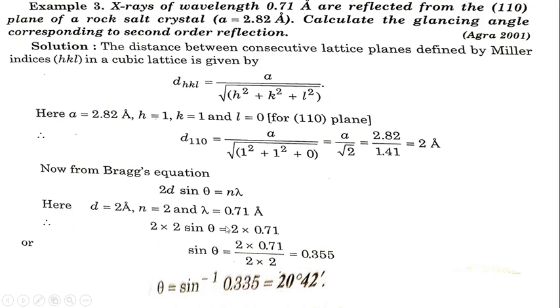So 2 into 2 sin theta equal to 2 into 0.7, and therefore sin theta equal to 2 into 0.7 upon 2 into 2, that is equal to 0.355, and therefore theta equal to sin inverse 0.355 equal to 20 degree 42 minutes.